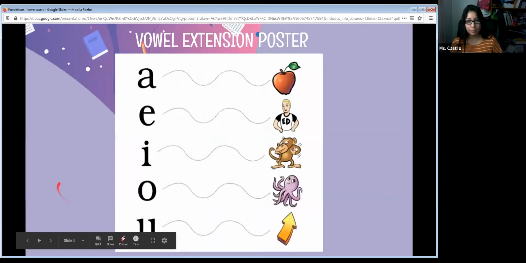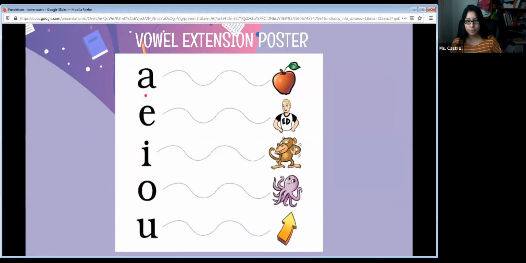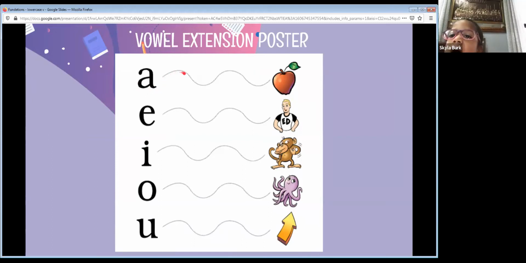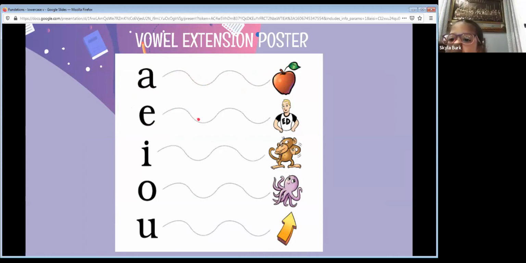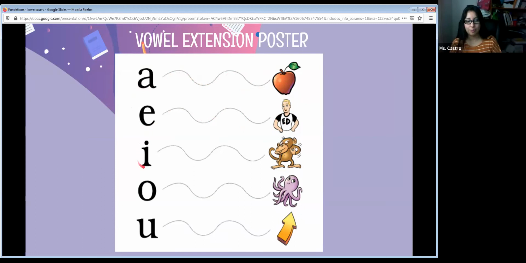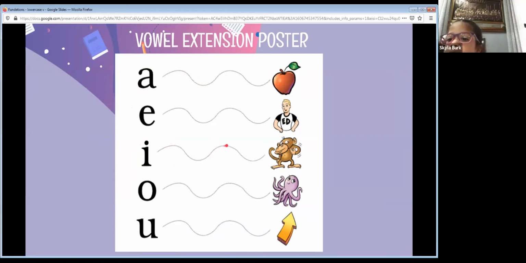Skyla, do you want to try doing the vowel extension poster on your own? Okay, go ahead. Start with the first vowel. How do we do it? Apple. Perfect. Keep going. E, I, excellent.